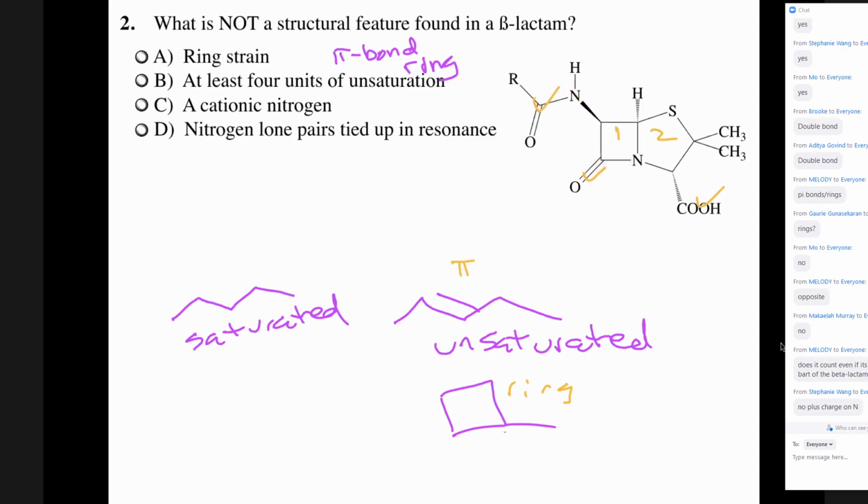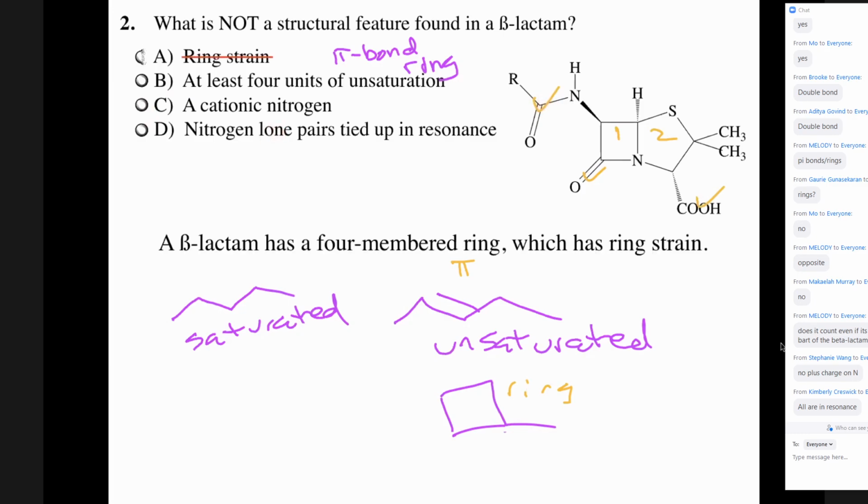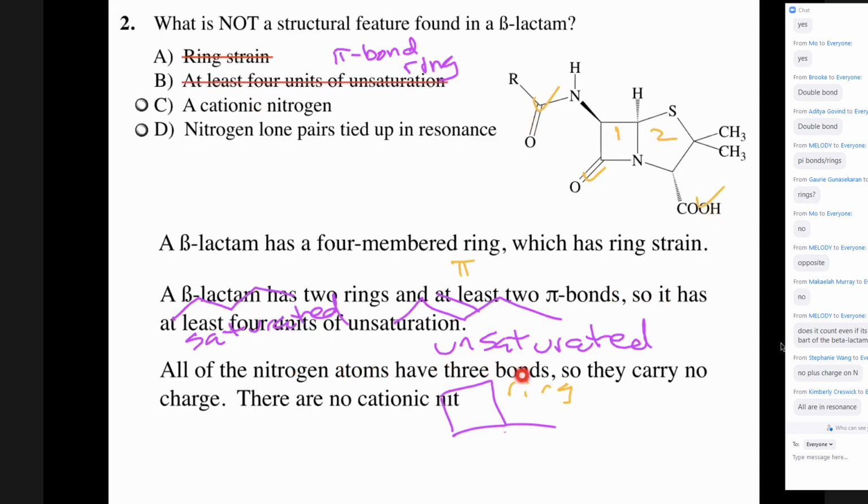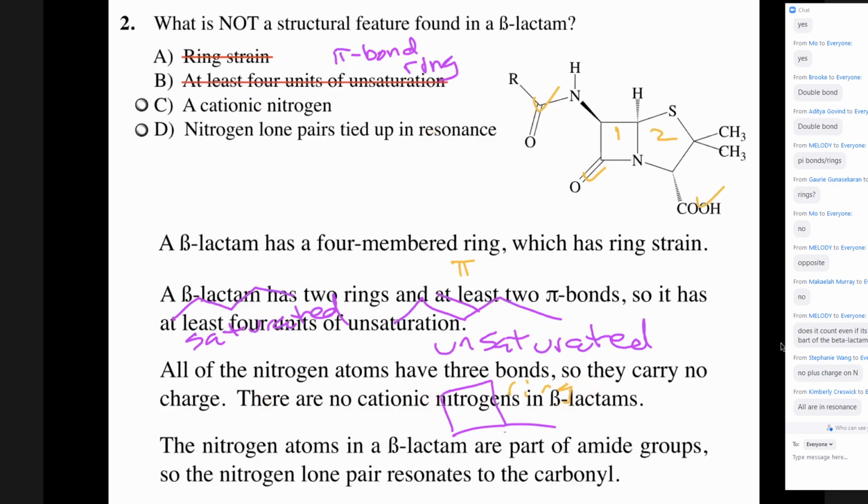They can't become positive, so C is your best answer. Lone pairs are all tied up. So beta-lactam has ring strain, you bet. Beta-lactam has 2 rings, at least 2 pi bonds. Check. And all of them have 3 bonds, so they carry no charge, and they are sharing with resonance.